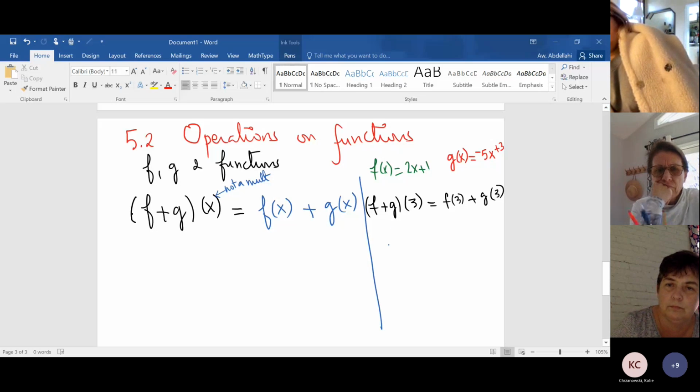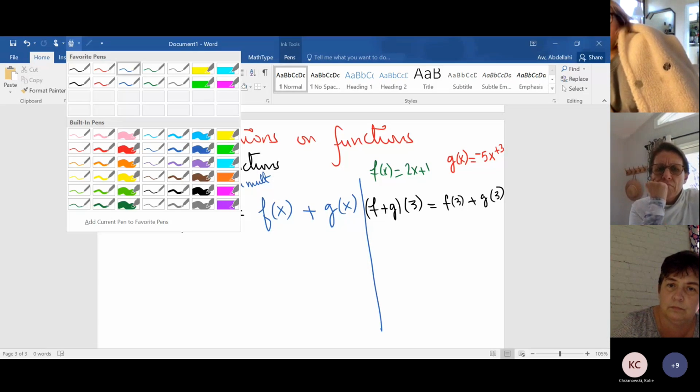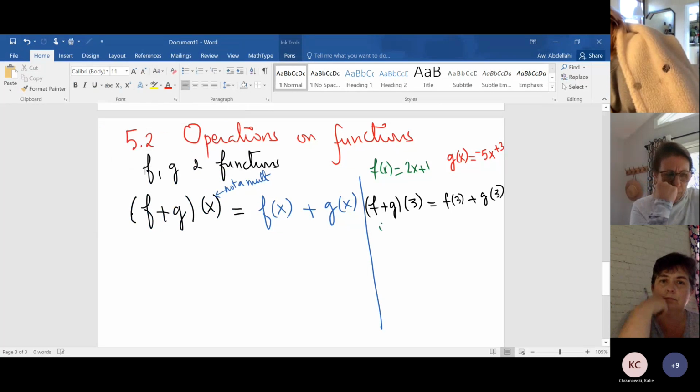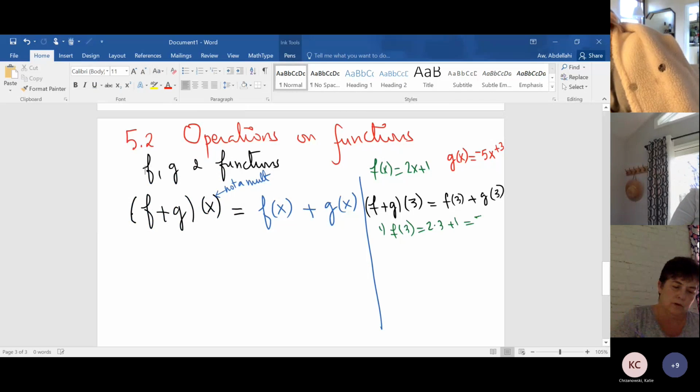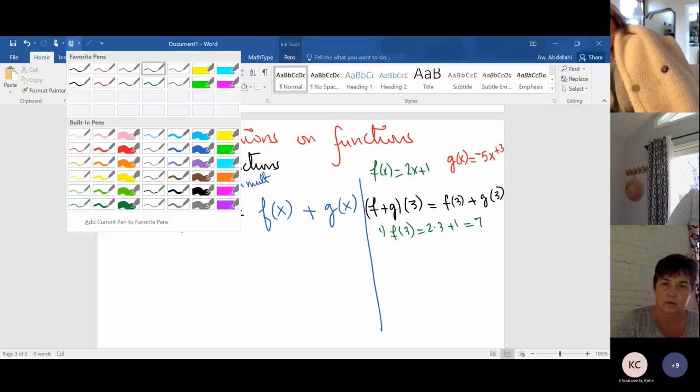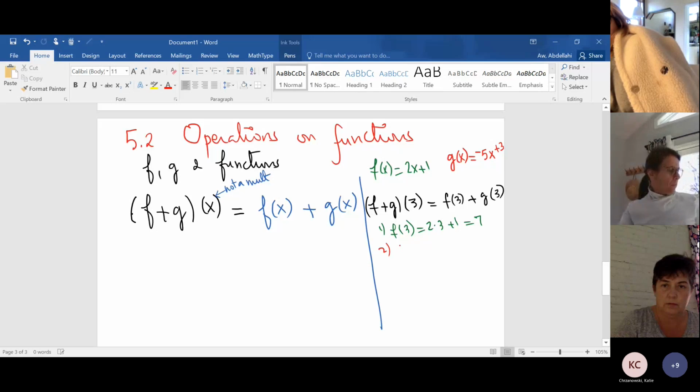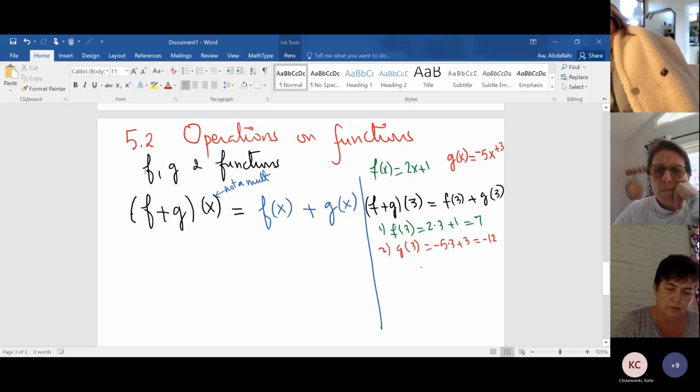First we do f of 3, which is 2 times 3 plus 1, which is 7. Second, we do g of 3, which is negative 5 times 3 plus 3, which is negative 12. And then what's my answer?